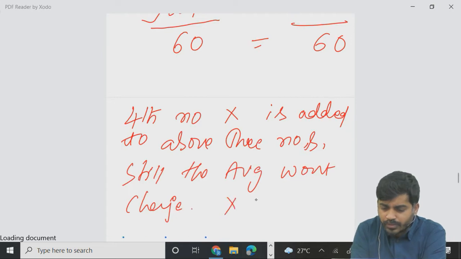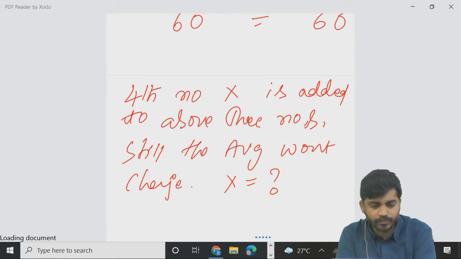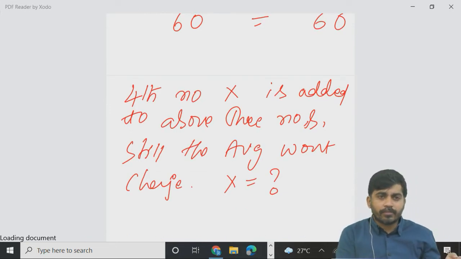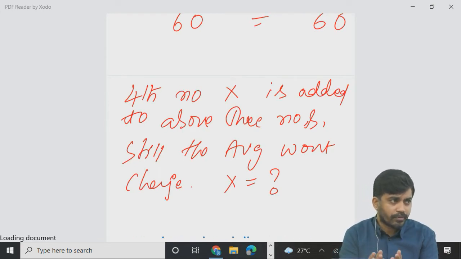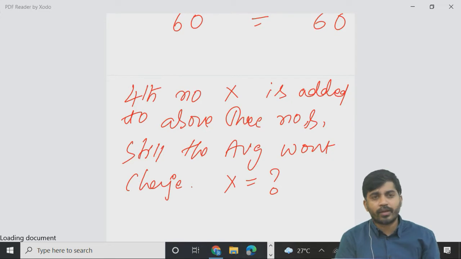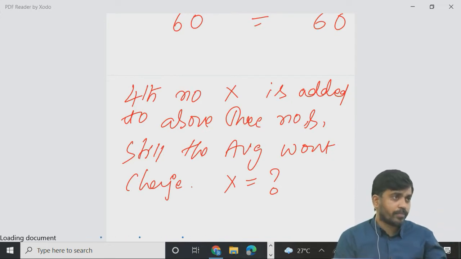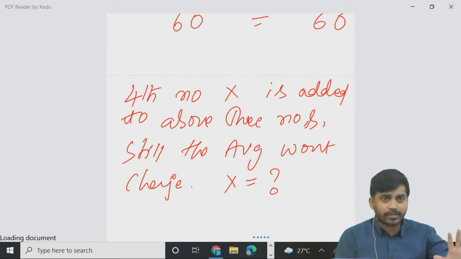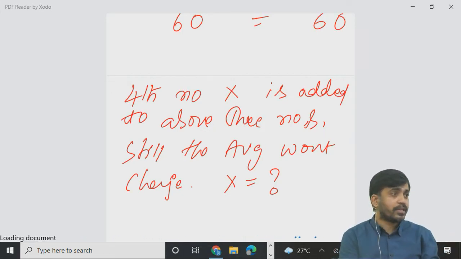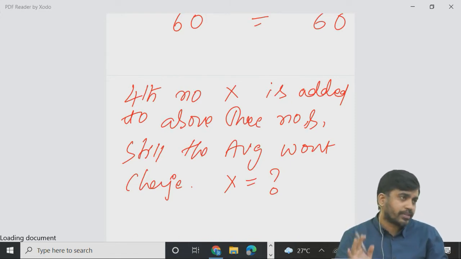Now tell me what is the value of this fourth number? See, there are 3 numbers 16, 20, 24. Mean we already calculated, that is 20. Now we are adding a fourth number x to this group. Even after adding x, the average is still the same, 20. Tell me what is the value of x.